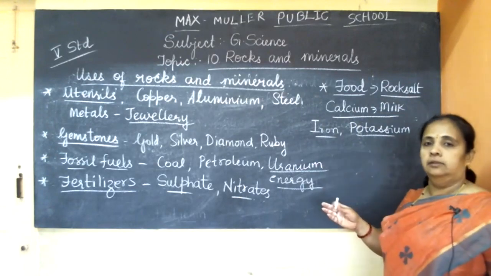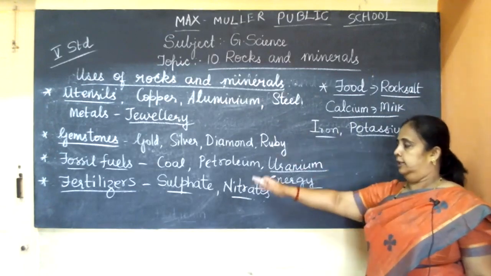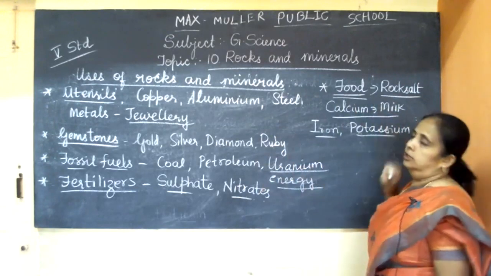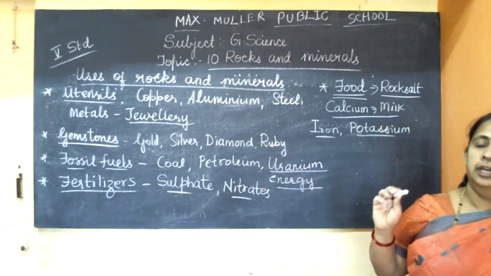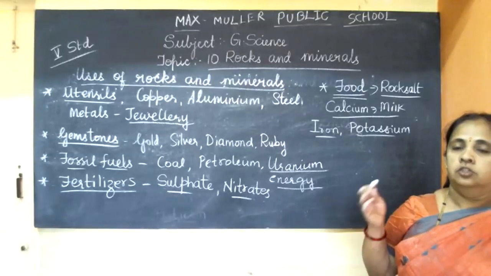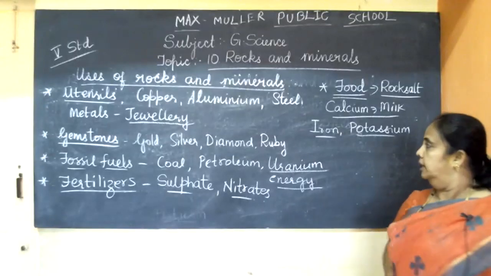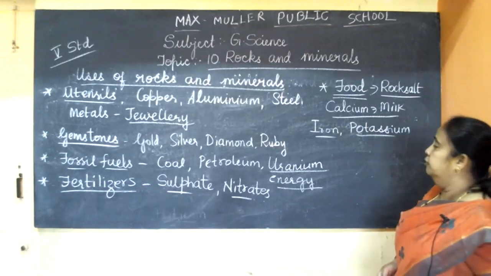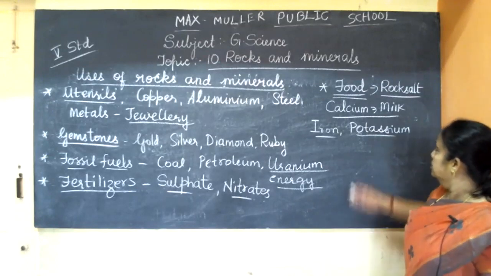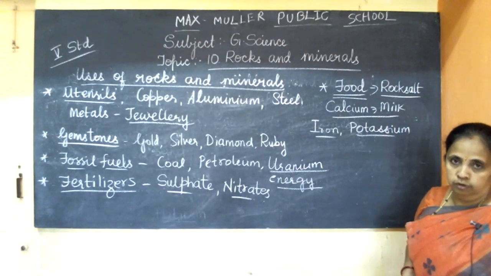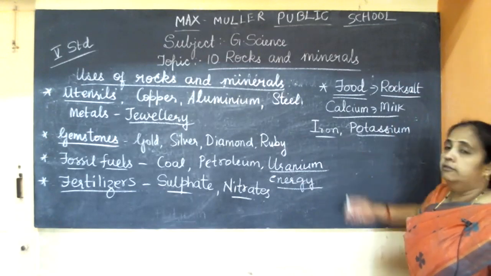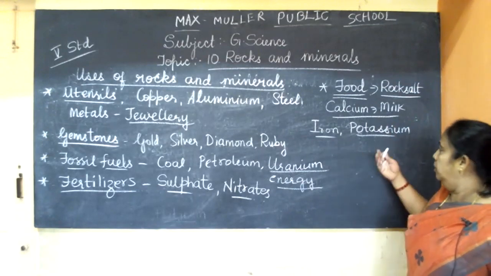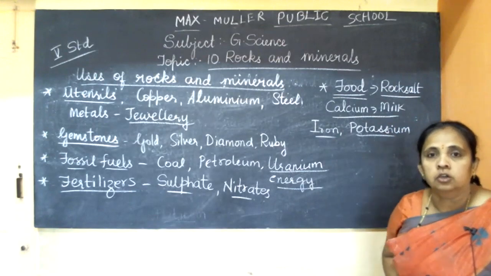So these are also the minerals which are needed for a balanced diet. Not only are the minerals helpful in other ways, but the main thing, the food which is very much needed for us to be alive, also has minerals. So these help for the growth of our body. When we drink milk, the calcium is helpful for the bones. When we have iron, we get strength for our body. Potassium helps for the growth.